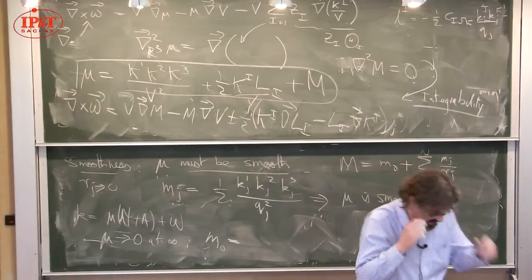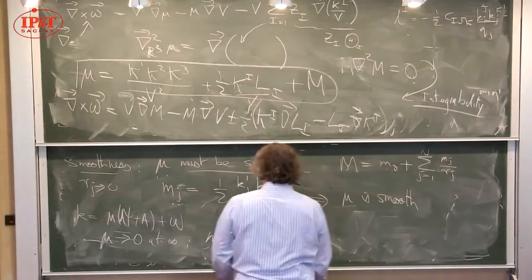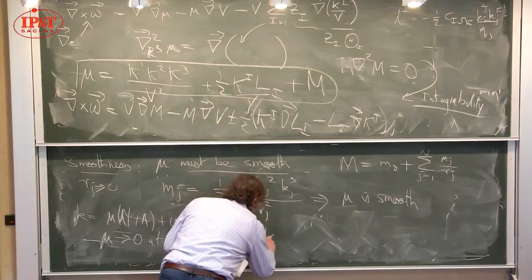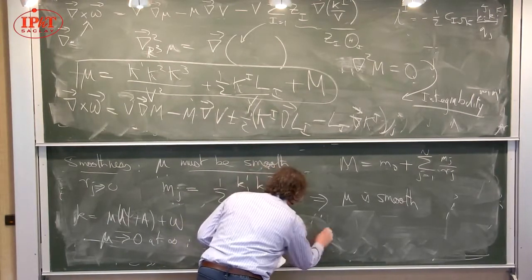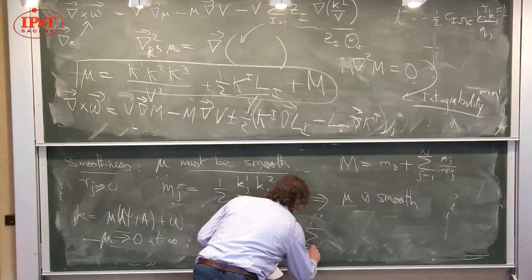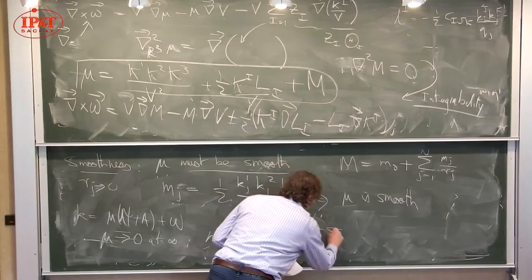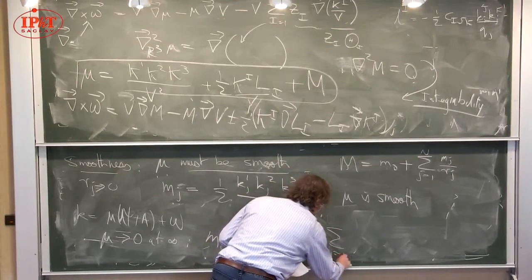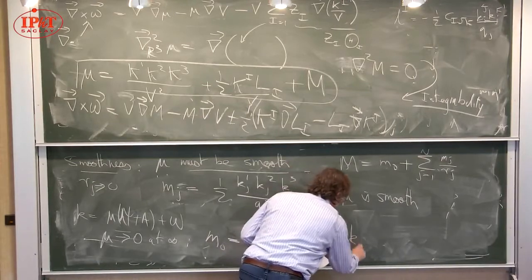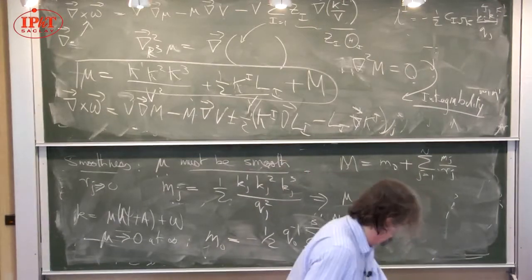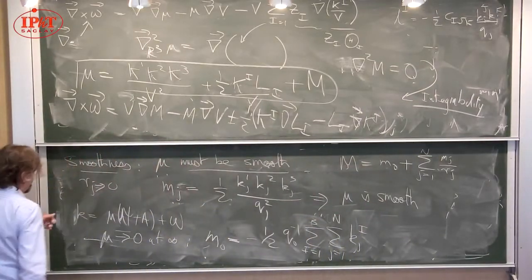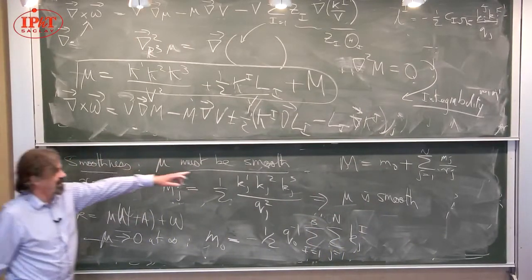And m0 then gets fixed in an interesting way: minus 1/2 Q0 to the minus 1 of the sum over everybody, sum i equals 1 to 3, and sum j equals 1 to n of kji. So basically, if you want it to not rotate at infinity, you have to kill it off, and that's the role of m0.